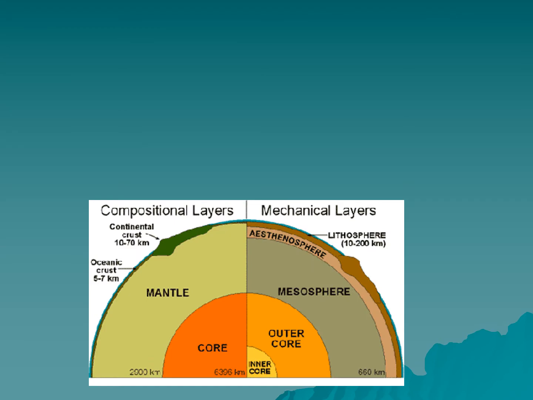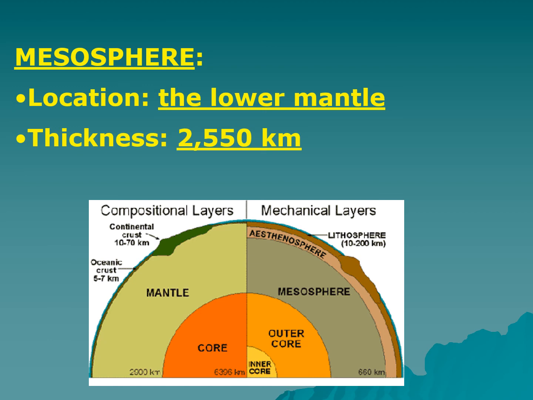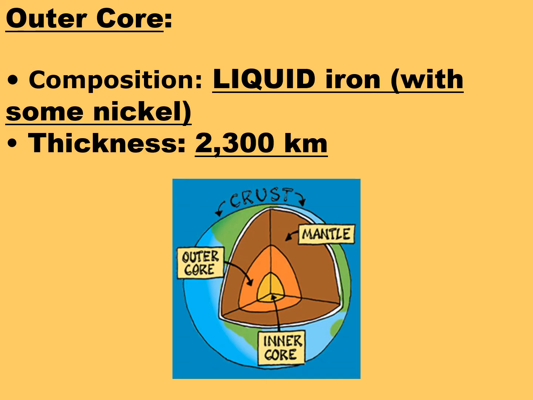As we continue through our journey down to the center of the Earth, we come to the mesosphere next. It is located in the lower part of the mantle, and it's about 2,550 kilometers thick. It's the thickest layer of the mantle. We have now reached our core. The outer core is made of liquid iron and some nickel.